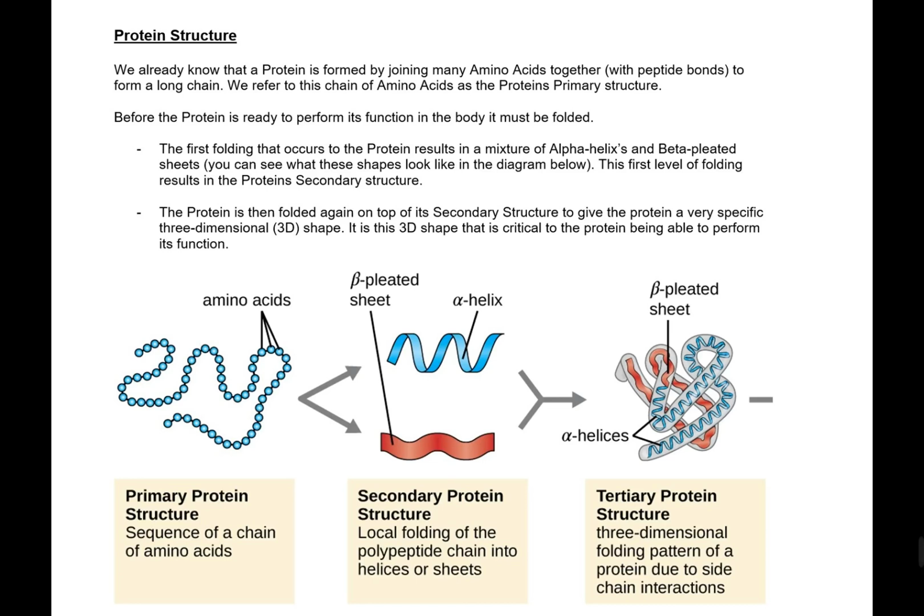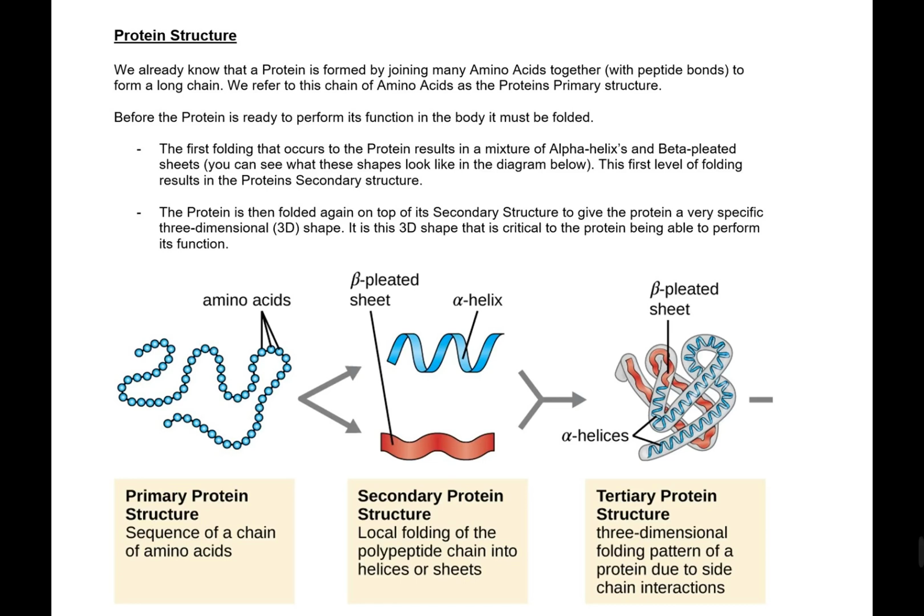The protein, however, needs to get even more folded. It needs to fold on top of this secondary structure to create a very specific 3-dimensional shape. And that's what happens when the tertiary structure forms, when we get additional folds on top of the coils of the alpha helix and the folds of the beta pleated sheets.